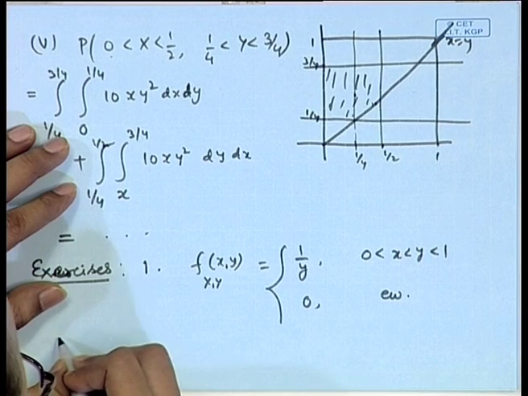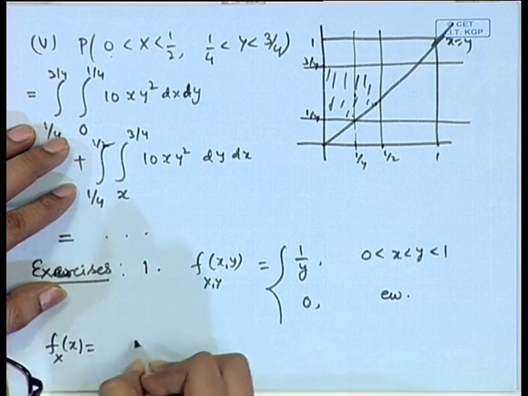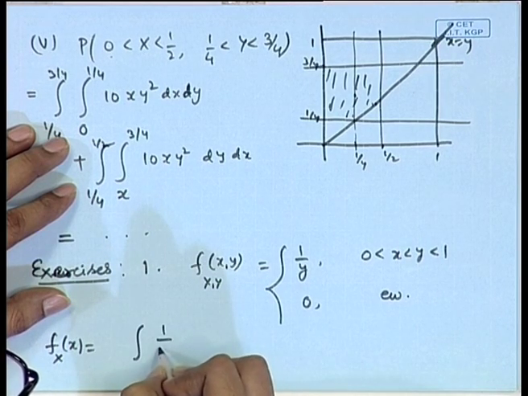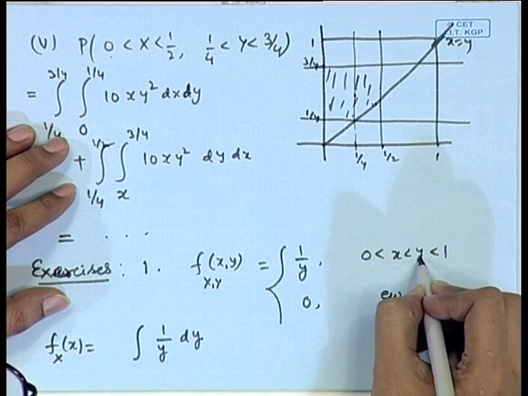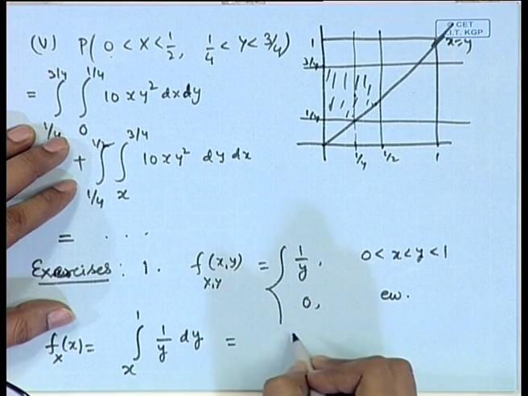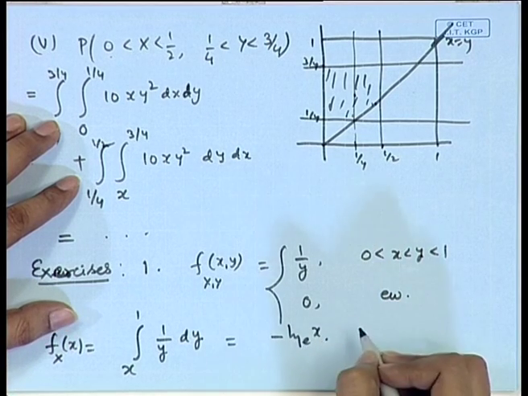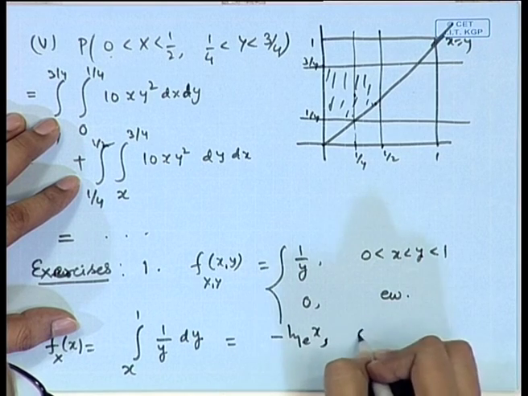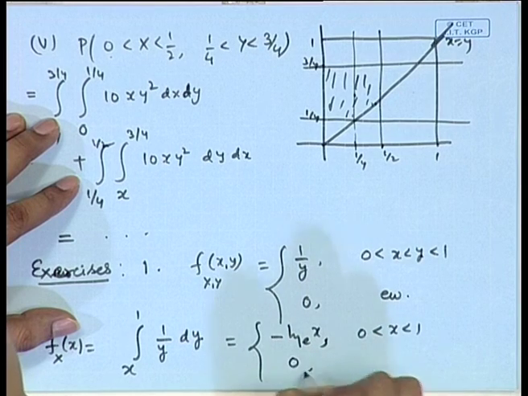So, let us look at the marginal distribution, say f x, that is equal to integral 1 by y with respect to y. Now, the range of y is from x to 1. So, that will give us minus log of x, because it is log y. So, log 1 is 0, and here the range of x is from 0 to 1.